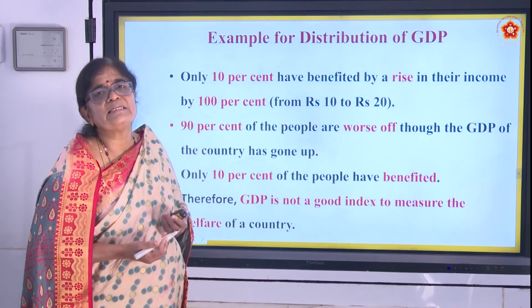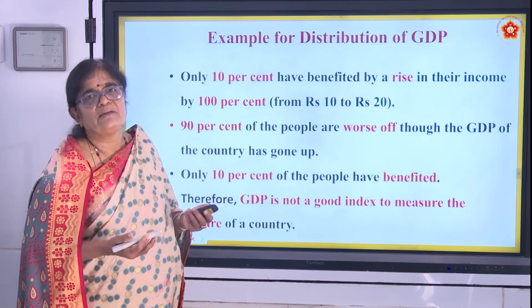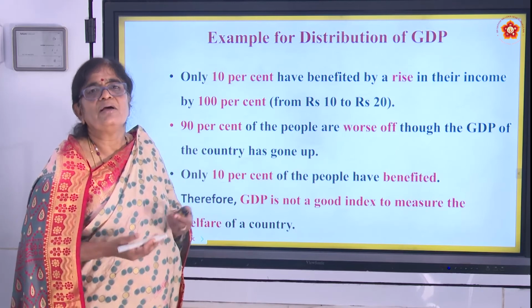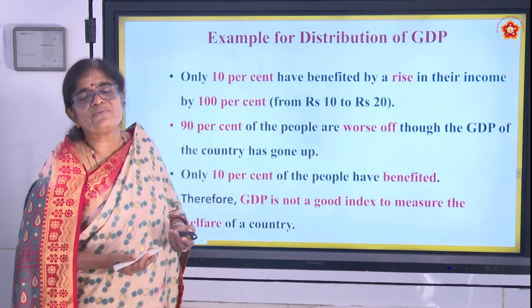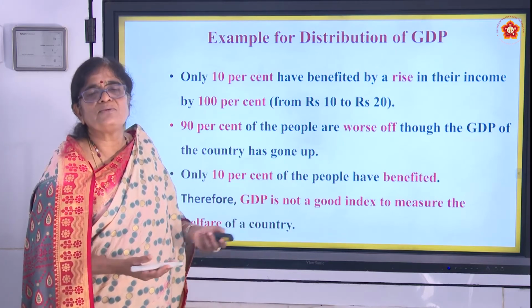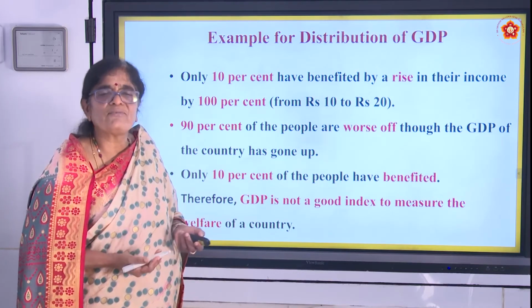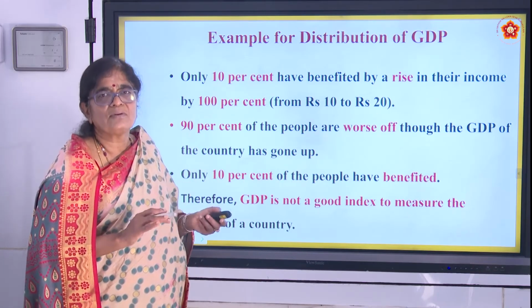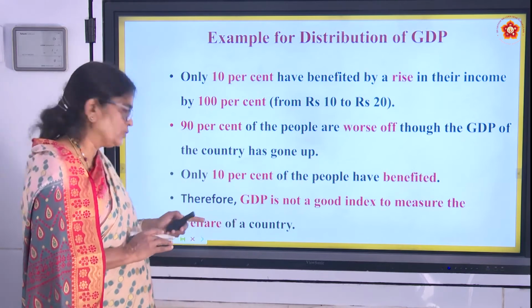Then only we can say the welfare of the country is better. For example, if only 10% of people have access to education, good healthcare facilities, good drinking water facilities, and 90% of the people are not well off, they don't get a good education, good healthcare, good standard of living, then we cannot say that country is having a good welfare. I hope you understood.